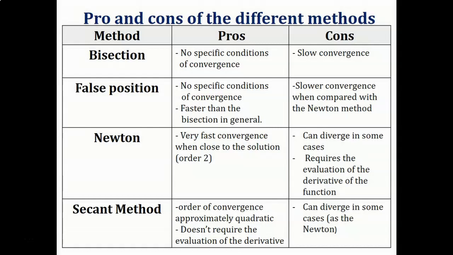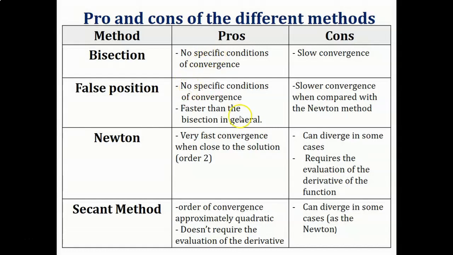The bisection algorithm will converge no matter what the function f of x or the interval a and b are, if a solution exists in this interval.